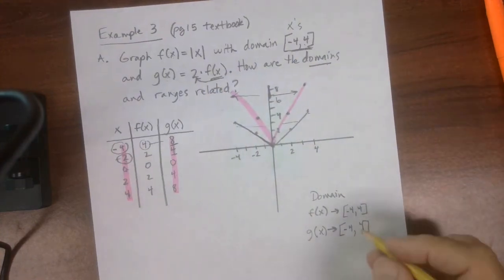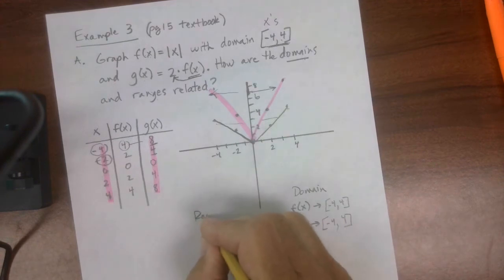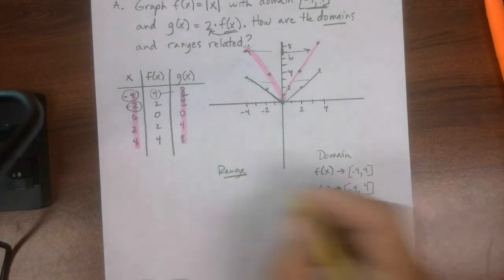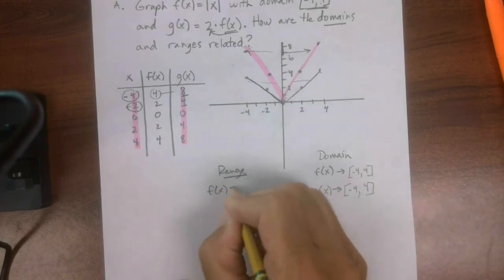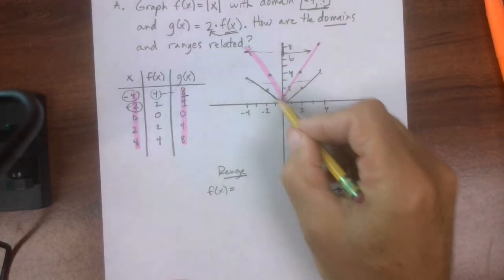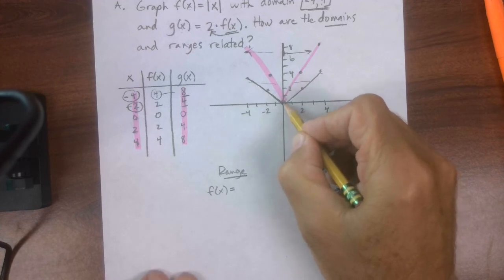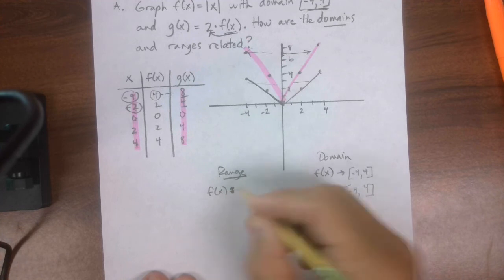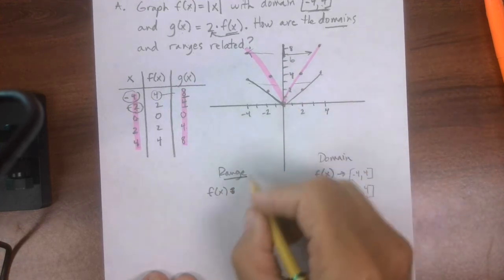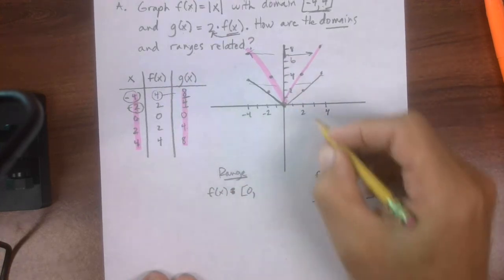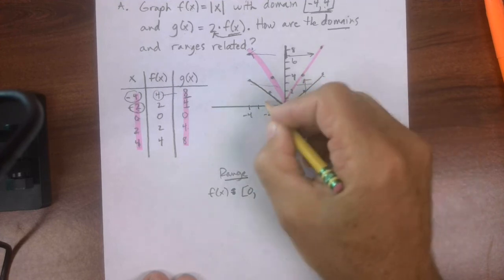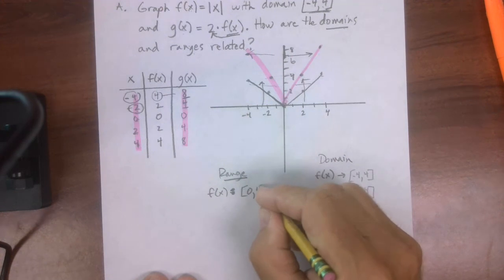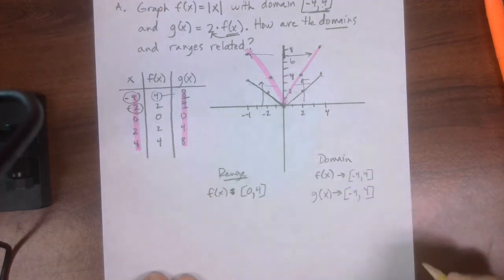Now, what about the range? Well, in the case of the range, we're going to take a look at first f of x. That's just the pencil one. How low does it go? Again, remember, you always start with, I should put colon there. How low does it go? 0. What's the height that this thing gets to? Well, it only gets to 4. But it gets there, so we put a bracket in there.